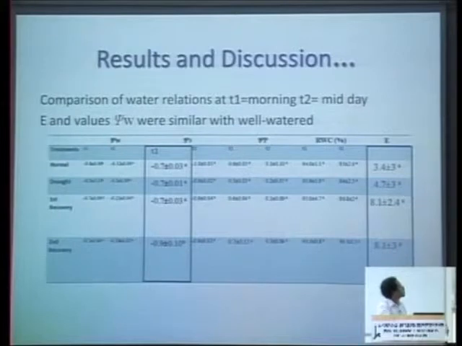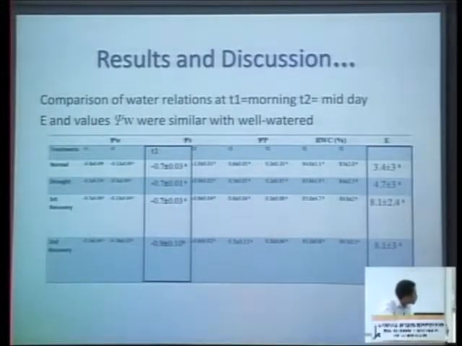Here in osmotic potential, there is an osmotic adjustment while we are exposing the plant to drought, and it is recovered at the end of the recovery. In the other parameters, pressure potential and water potential, there is no significant difference.